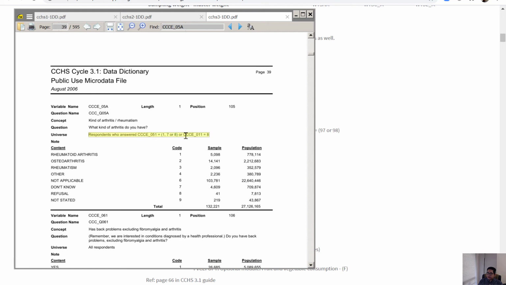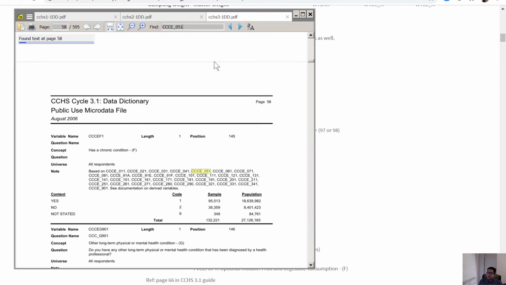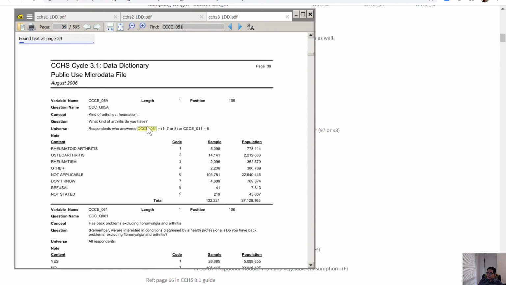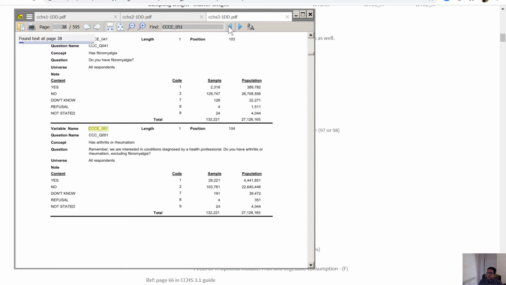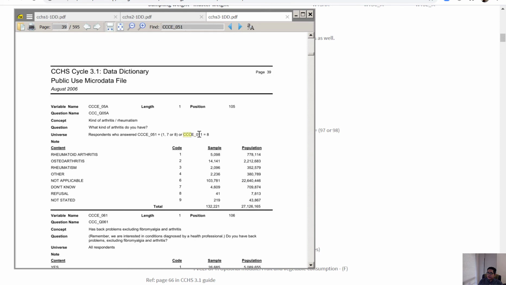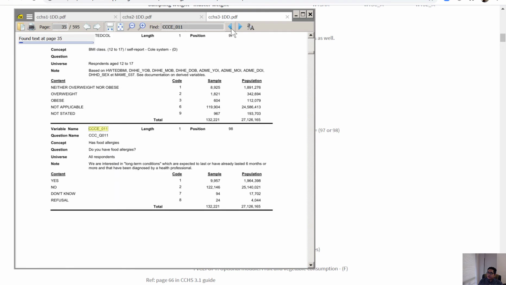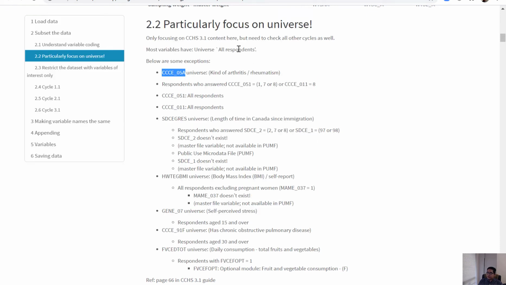This is another question and this is another question, but if you go back to the original question, the original question was this and the universe was all respondents, right? And then if you go to the other question that was related to this universe, again all respondents. So this is not much of a concern because everybody responded.